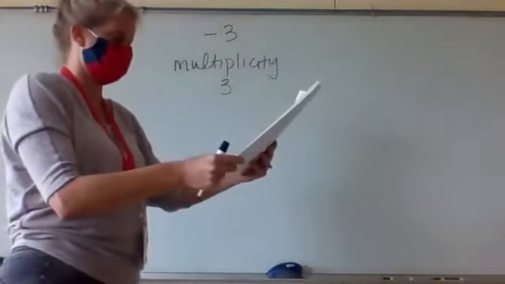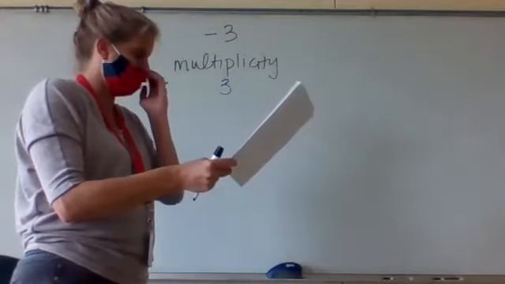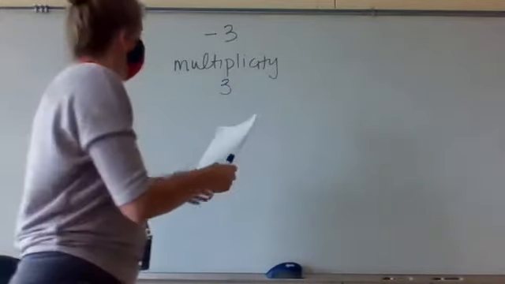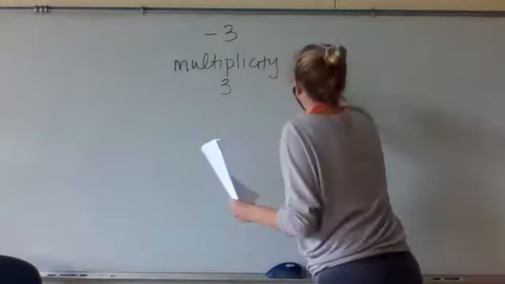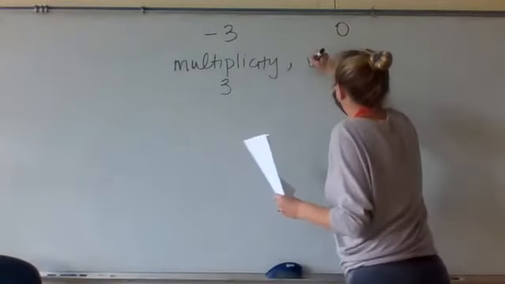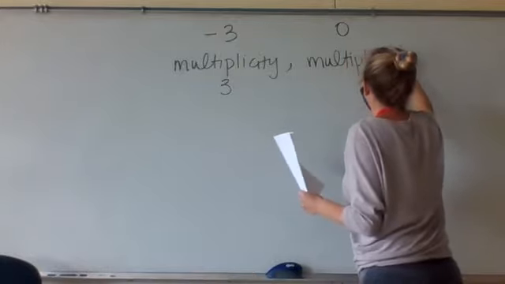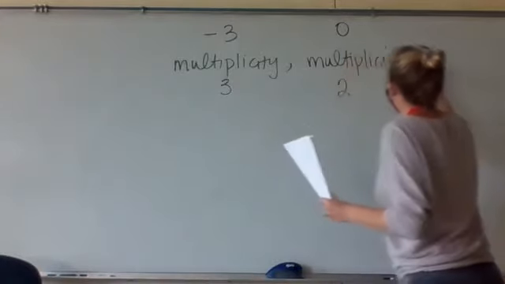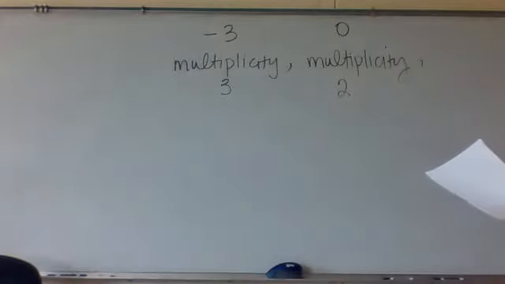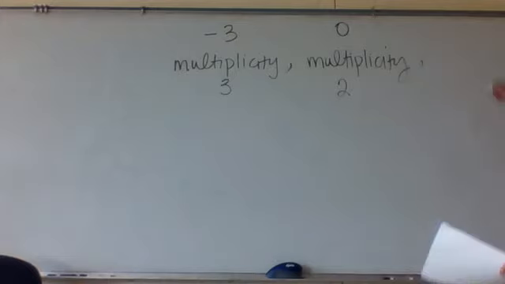Let's see what the next 0 is. 0 of multiplicity 2. And the last 0 is 3 and has a multiplicity of 1.